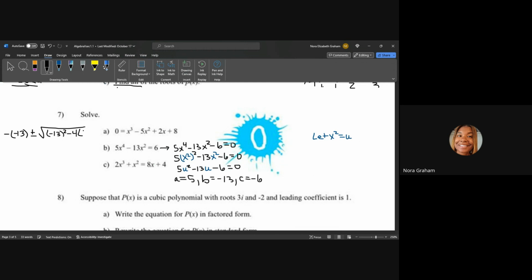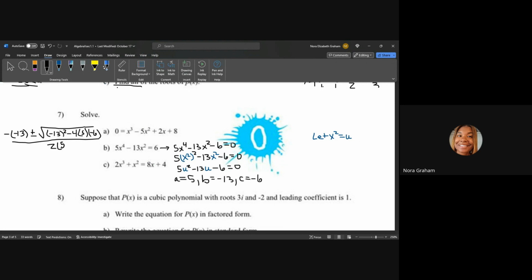A is 5. C is negative 6. And then over all of it is over 2A, which is 5.